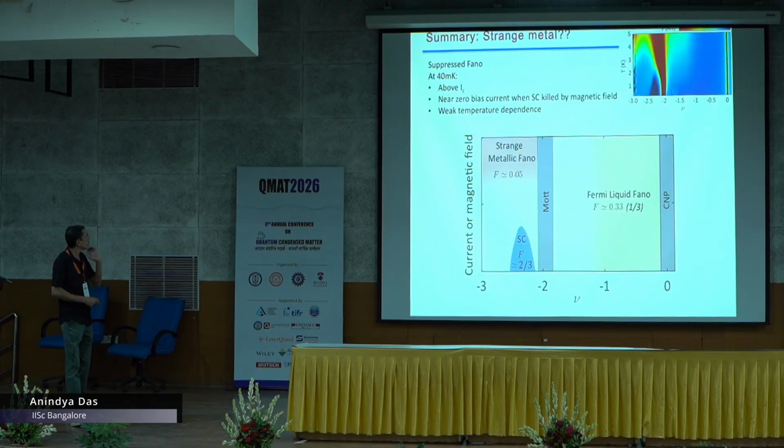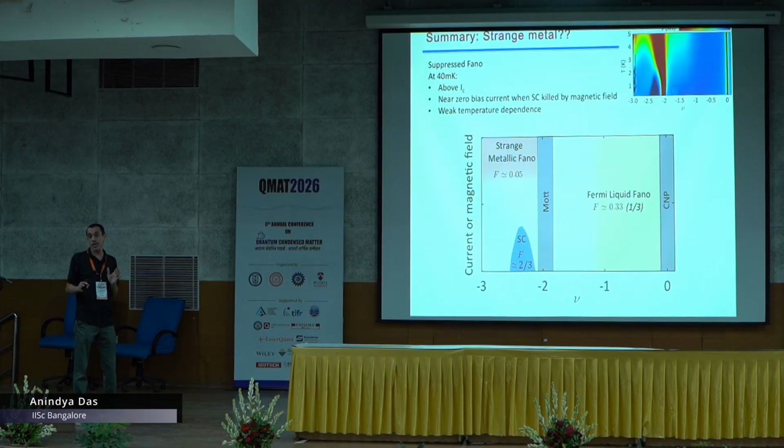And this brings us to the summary of my slides. We have measured the Fano as a function of current or magnetic field, all mostly at base temperature, that is 40 millikelvin. We show that in the Fermi liquid phase, we see 0.33 Fano, that's the classic example. But inside the superconductivity phase, we see doubling of the Fano, and when we kill the superconductivity, with either critical current or magnetic field, we see highly suppressed Fano.